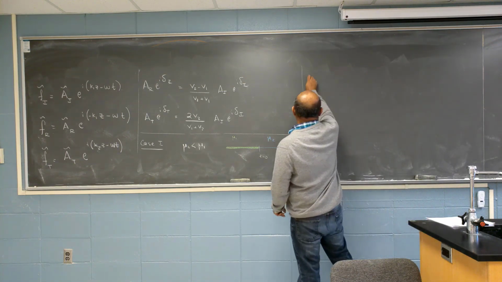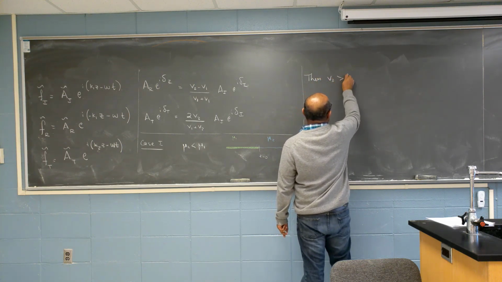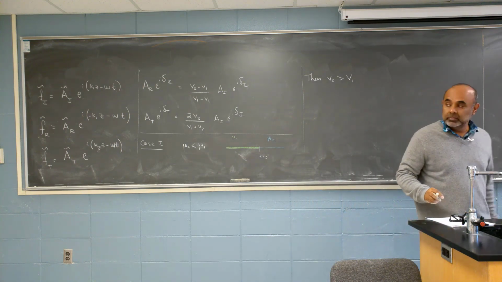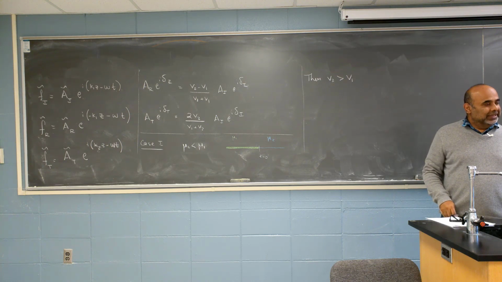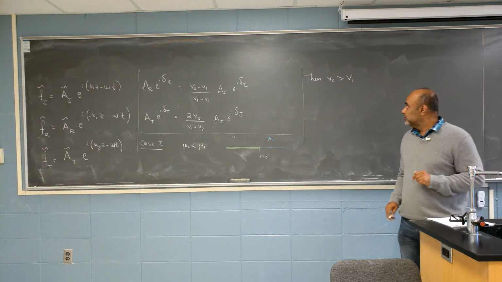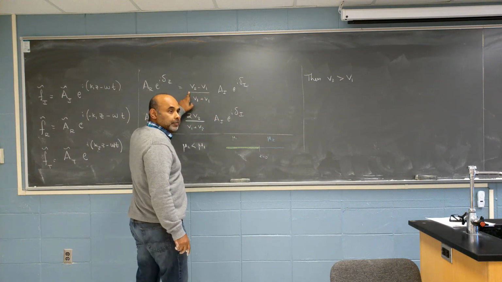V2 is greater than V1, because V is the square root of T over mu. So if mu increases, V decreases, and the other way around. Fine. So that means this is a positive number.